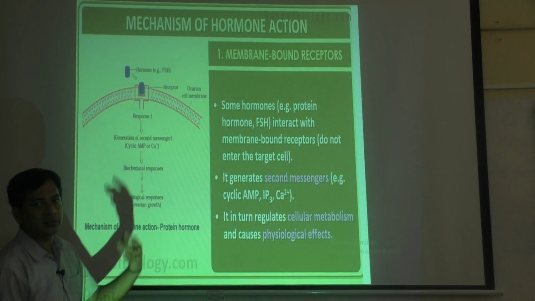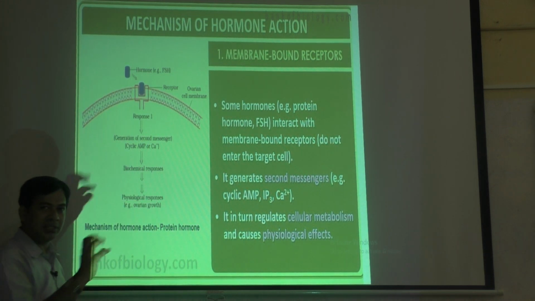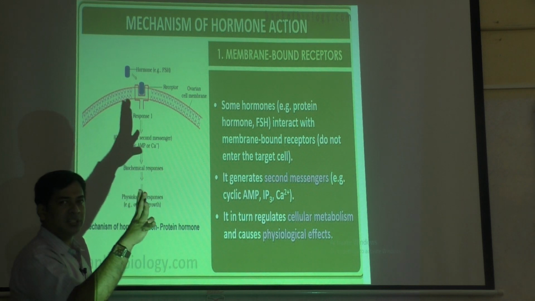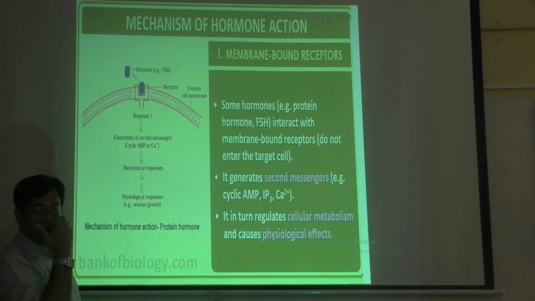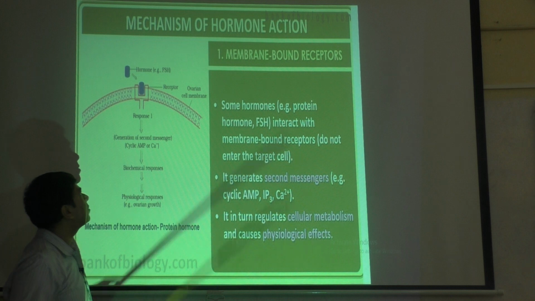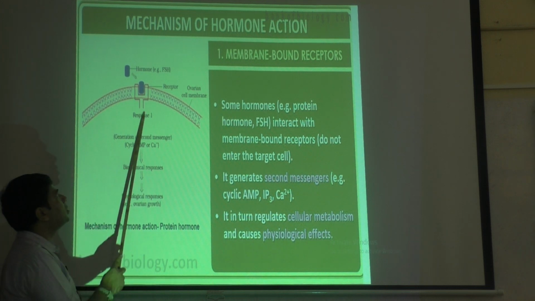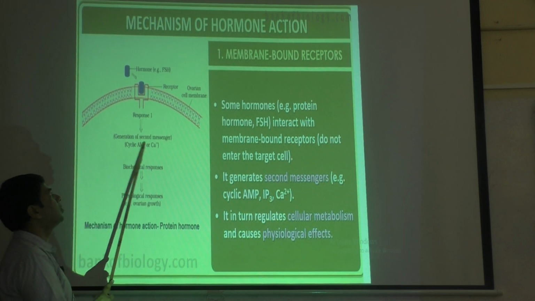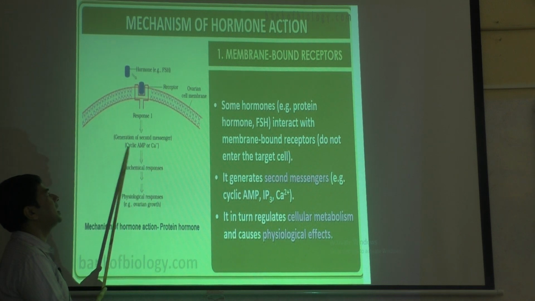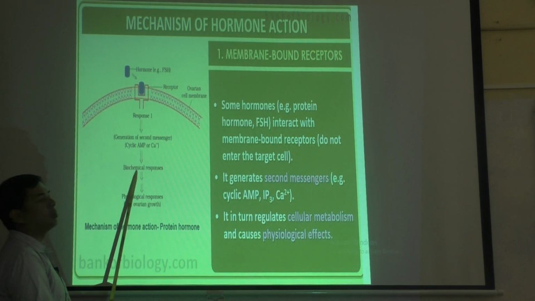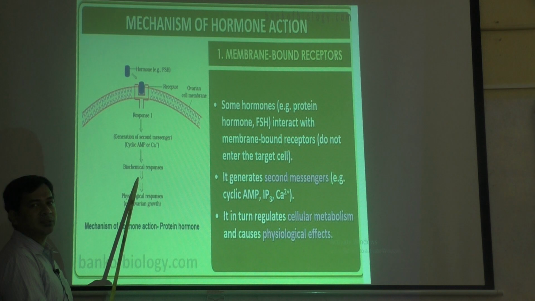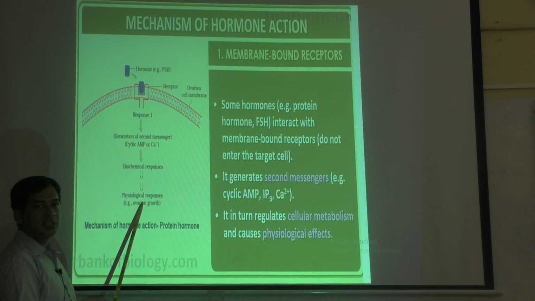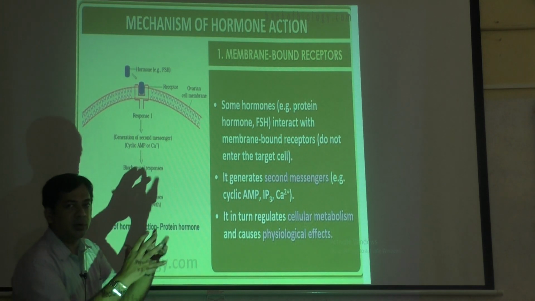The ovary starts growing. So in simple steps, if the ovary should start growing, how will the hormone do that work? The hormone comes and binds to the membrane, produces response 1, then produces secondary messengers like cyclic AMP or calcium, that produces a biochemical response, then a physiological change. Physiological change means the ovary starts growing.